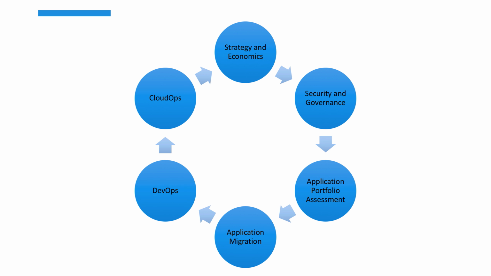So we're always going to go back to the business case, doing security and governance, application portfolio assessment, application migration, DevOps, and Cloud Ops, until we've gone through all of the application workloads and we've migrated the ones that are going to be most cost effective and provide the most value to the business, but we know what they are, we know where they should exist, and we've optimized the platforms they're going to run on, either hybrid cloud, private or public, or traditional, leaving them on the traditional system, or move them to another system or another platform.